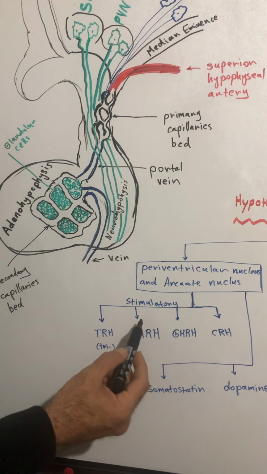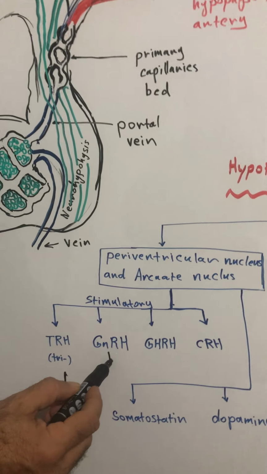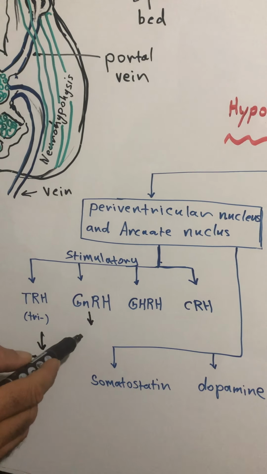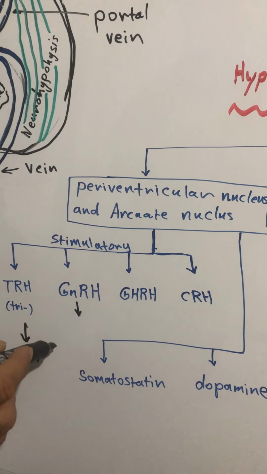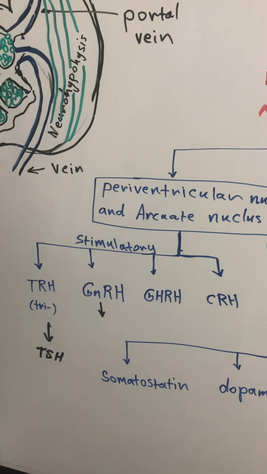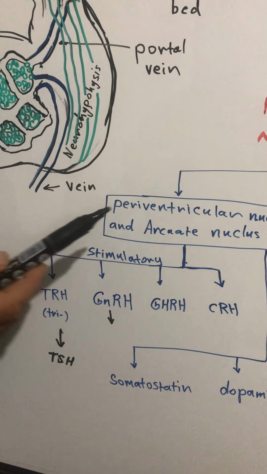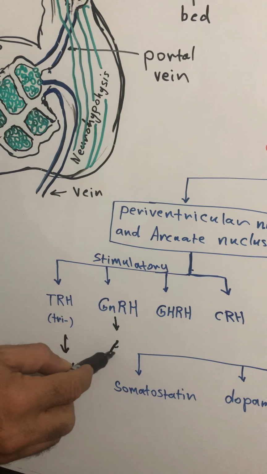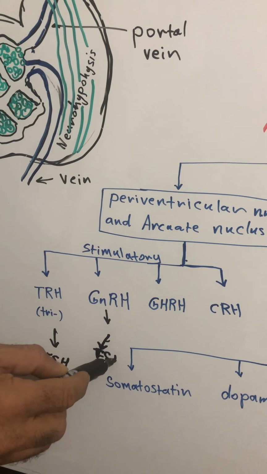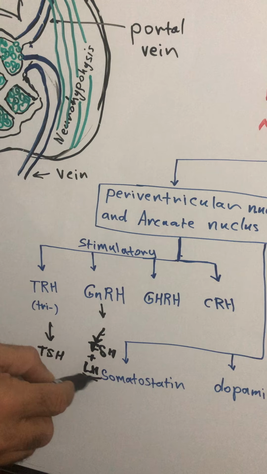The other hormone of the hypothalamus is called gonadotropin releasing hormone. This hormone is also a peptide hormone, a small peptide hormone that will stimulate specific cells in the anterior pituitary gland, which are called the gonadotroph, and they will release the FSH, follicular stimulating hormone, and LH or luteinizing hormone.